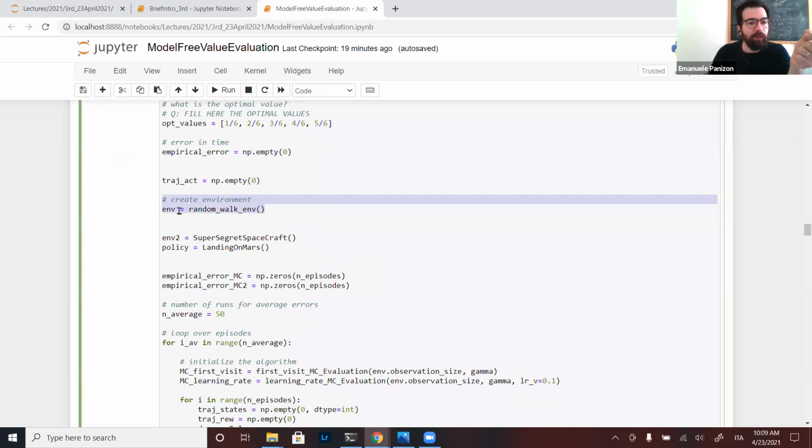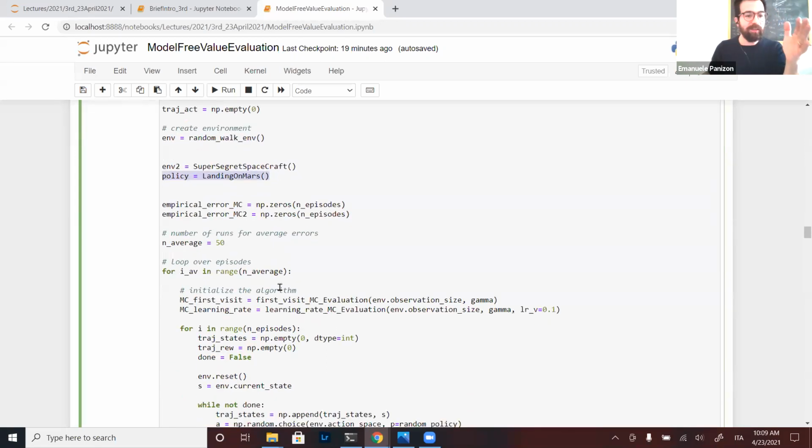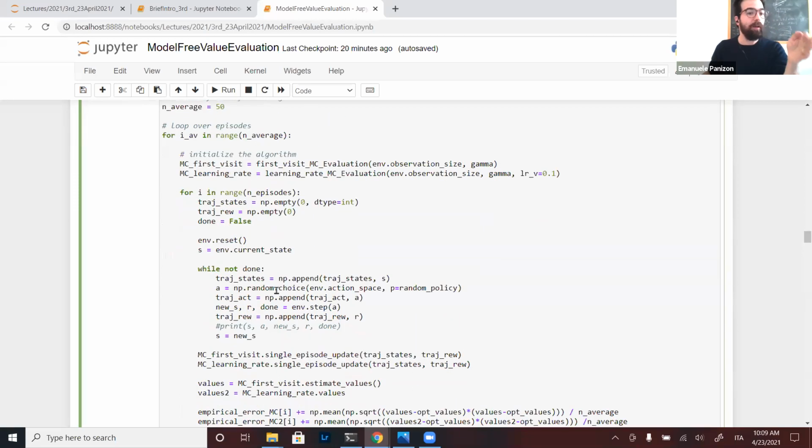Here I have a random walk environment and a policy which is half-half. But if I had an environment which is a super secret spacecraft, NASA, Tesla, millions of euros, and the policy is some strange thing which requires millions of states, I don't care. As long as I have a list of states and a list of rewards, this very simple, very basic algorithm can produce a state value.